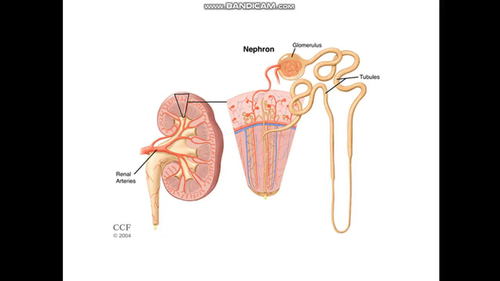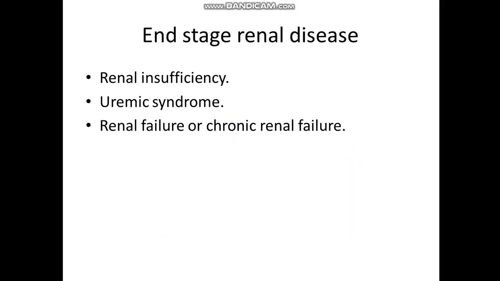This depends on the percentage of the nephrons destroyed. If the percentage destroyed is below 50% of the total nephrons of the kidney, the other nephrons might undergo hypertrophy to compensate for the function of the destroyed nephrons.